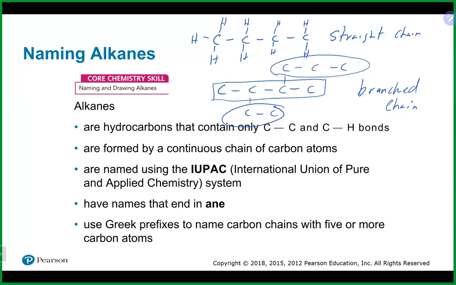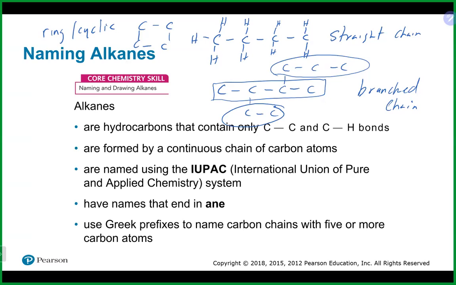There are also ring type structures, which are cyclic. Those are where carbons come together and close in to make a ring, where it's not open.